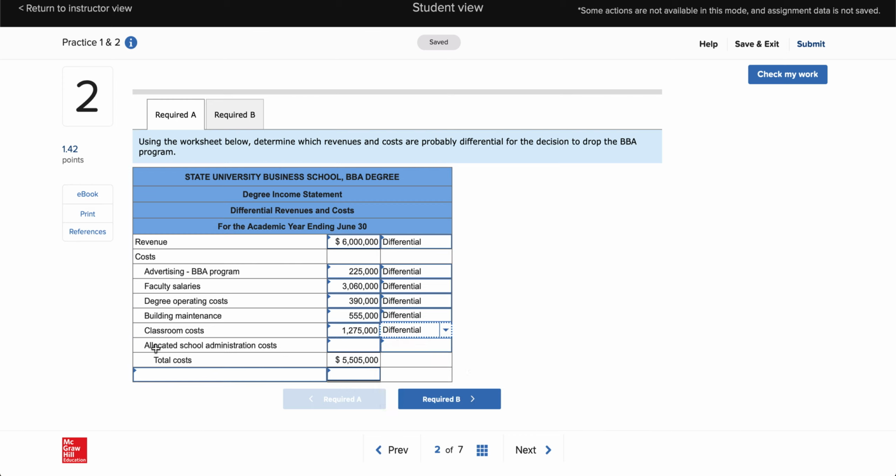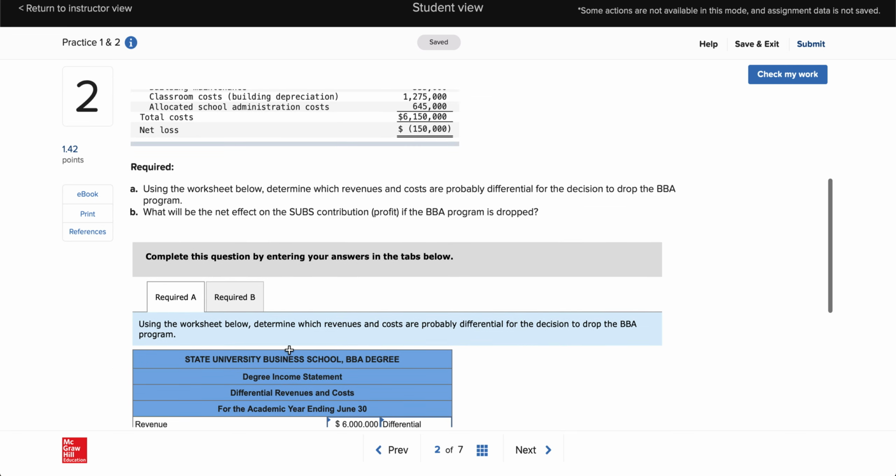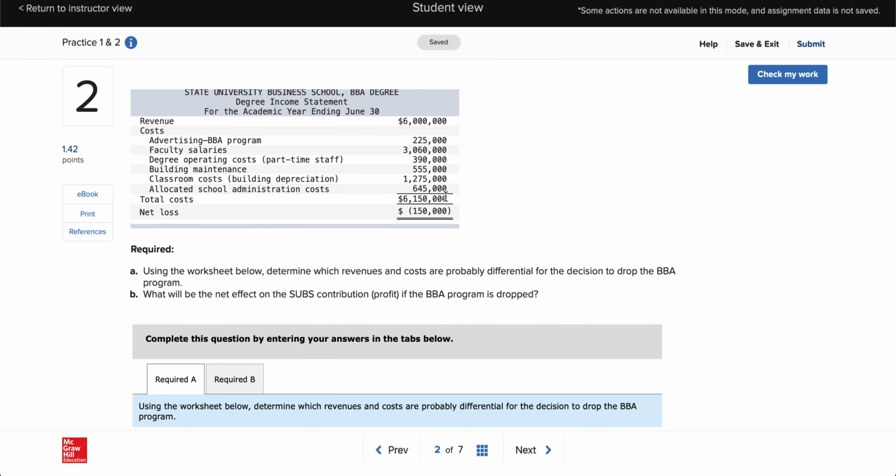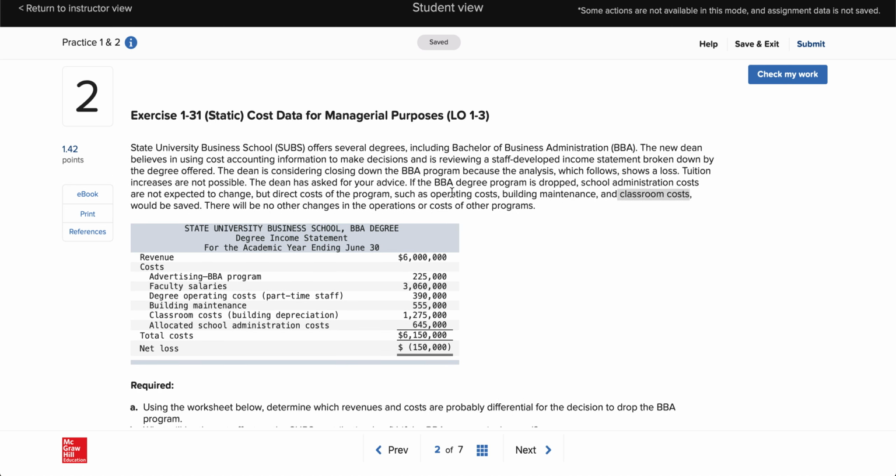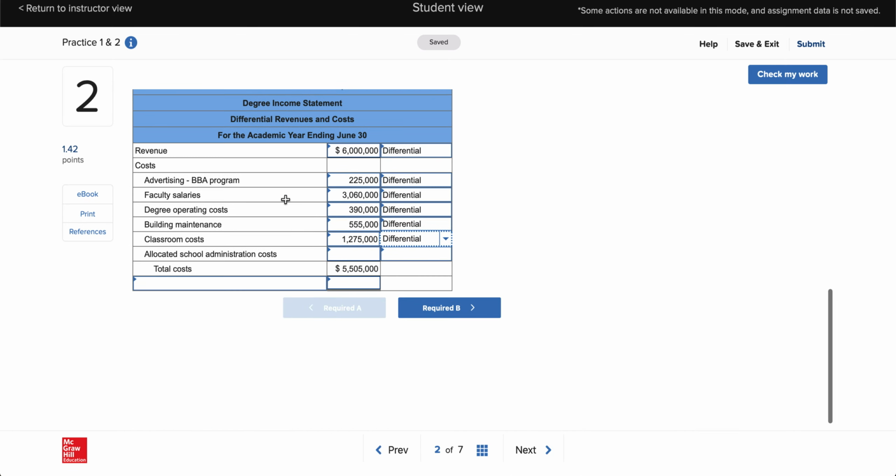Differential here. And then the allocated school administration cost. This is $645,000, but they let us know here that the school administration costs are not expected to change, which is not unusual, at least in its entirety anyway.